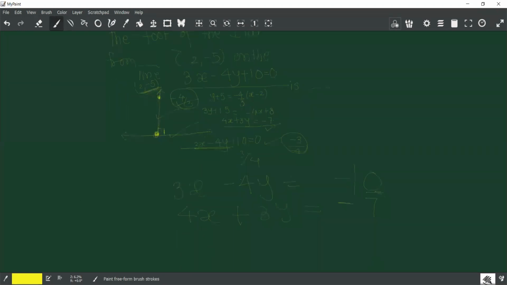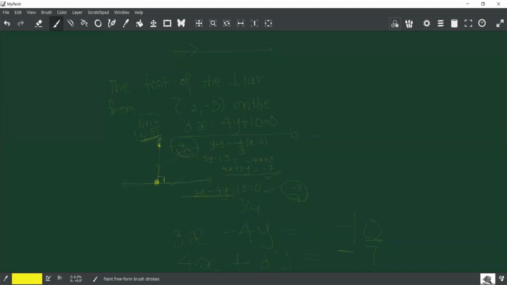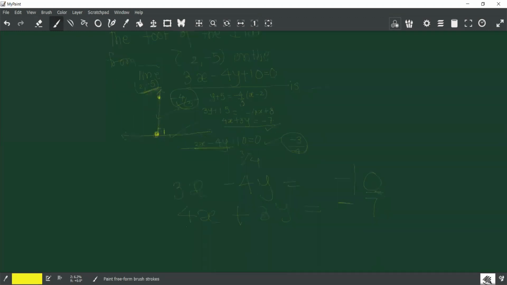Since these signs are opposite for y, you can multiply so that you can add. So we'll multiply the first equation by 3. So ये आएगा 9x minus 12y is negative 30.